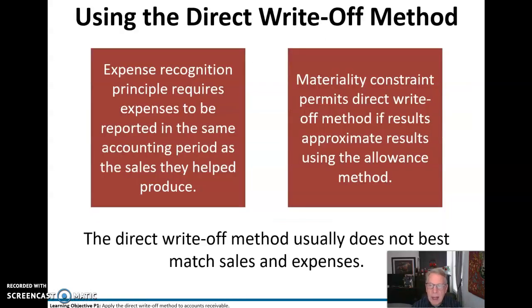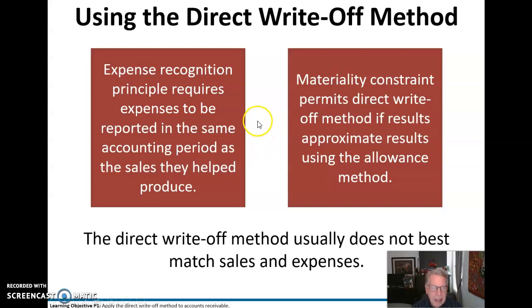Okay, and as this slide indicates, the expense recognition principle does require expenses to be reported in the same accounting period as the sales they helped to produce.